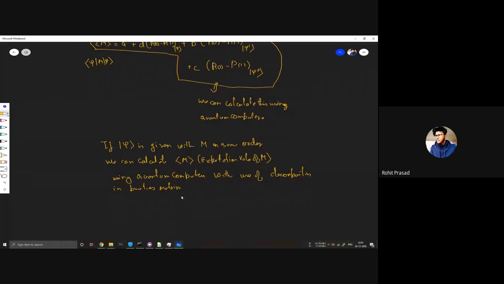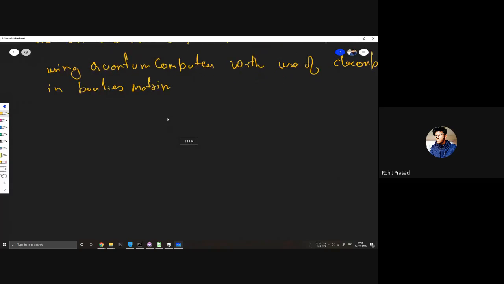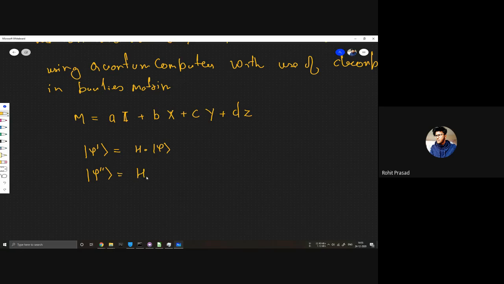The formula is given by M is equal to A I plus B X plus C Y plus D Z, and sigma dash is equal to H dot sigma, sigma double dash is equal to H dot RZ minus pi by 2 dot sigma.